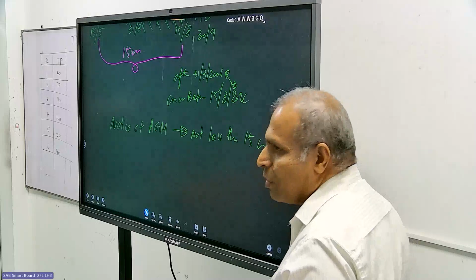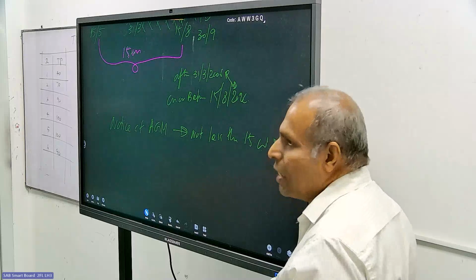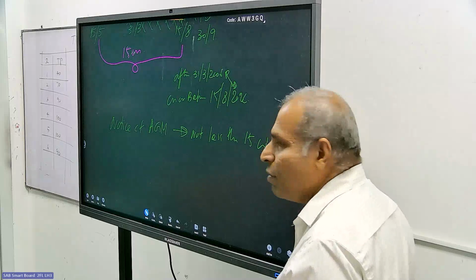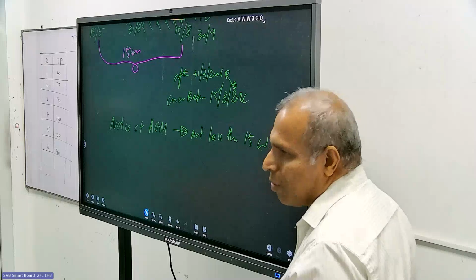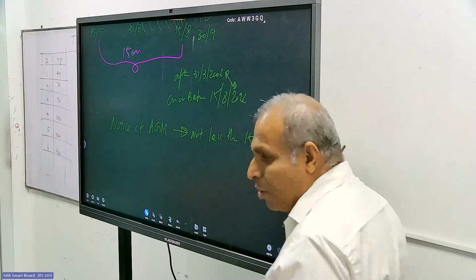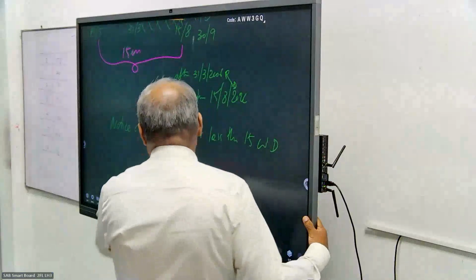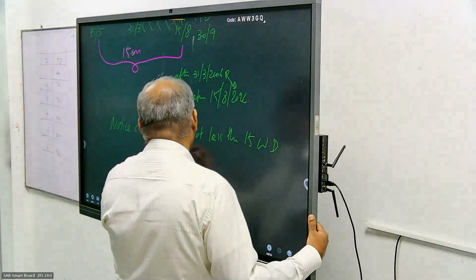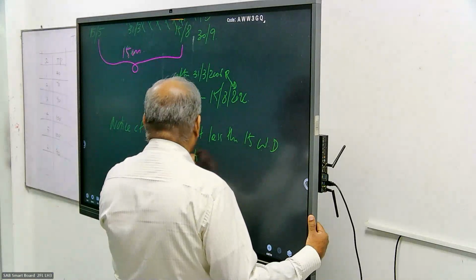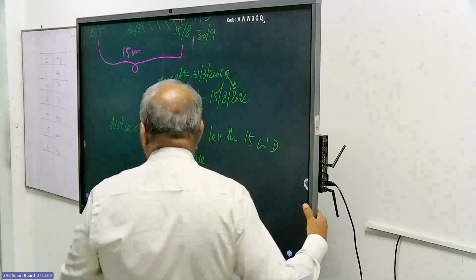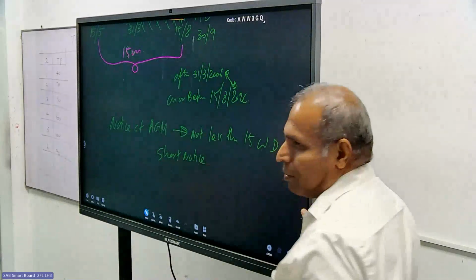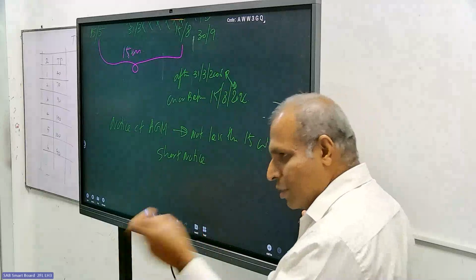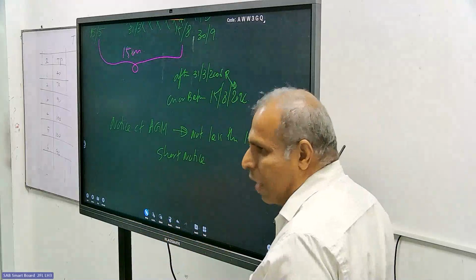However, suppose due to a particular reason the company is unable to give not less than 15 working days notice to its shareholders. Then this company can call an AGM by short notice. Instead of 15 working days notice, by short notice, the company can call an AGM.